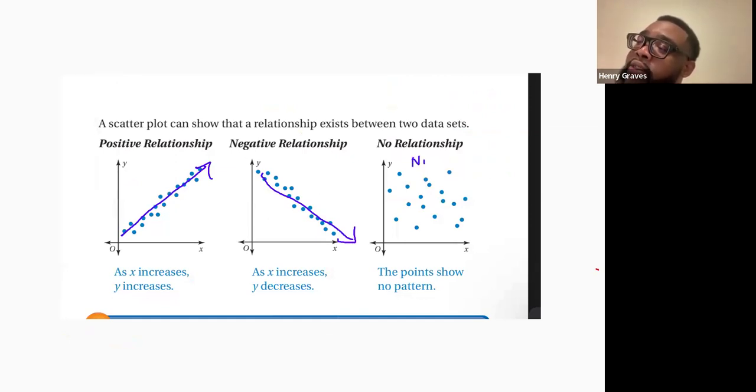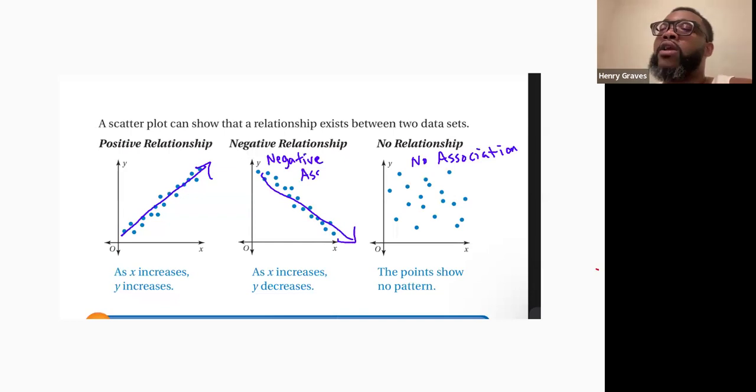If you associate with someone, you mess with them. So these are a negative association because they're going down. You don't want to mess with the negative association, and you don't want no association with someone if you're all over the place, and your positive association is if you're feeling good about the person. That's how I remember it when I was a kid.